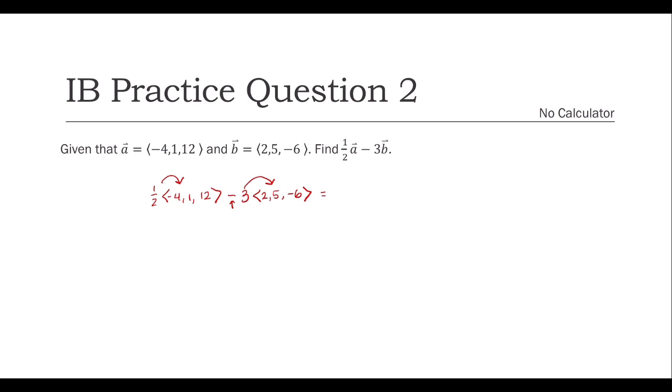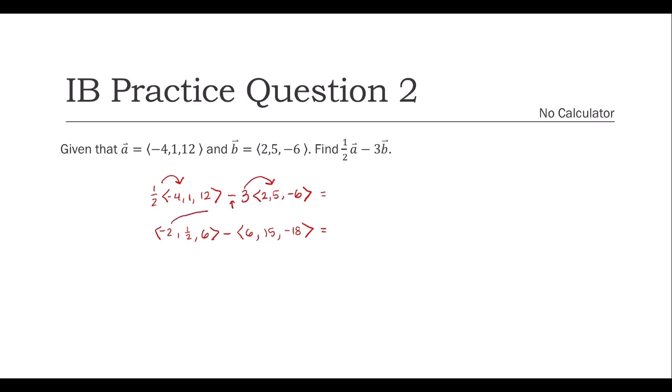So 1/2 times -4 is -2. 1/2 times 1 is 1/2. And 1/2 times 12 is 6. Minus 3 times 2 is 6. 3 times 5 is 15. And 3 times -6 is -18. Now we can go ahead and subtract.